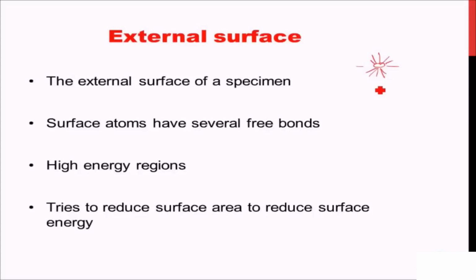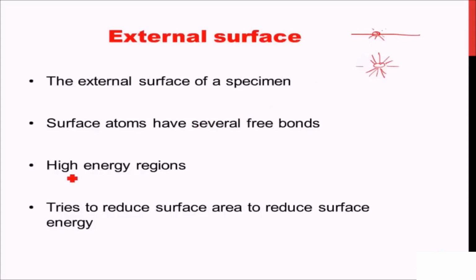But what happens at the surface? An atom at the surface will have less than the maximum number of possible bonds. Thereby there will be loosely hanging bonds, free bonds, and free bonds mean higher energy, because bond formation leads to release of energy, thereby lowering the energy. That's why bonds are formed, in order to lower the energy. But the external surface atoms will have free bonds, thereby they will have higher energy.